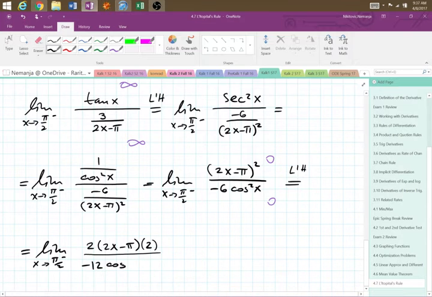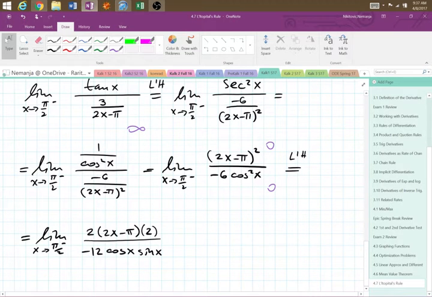cosine x sine x. Now the trick is to see, well, first of all, we can cancel these 2's, but don't. Keep one of the 2's so that you can compress the denominator into sine of a double angle.